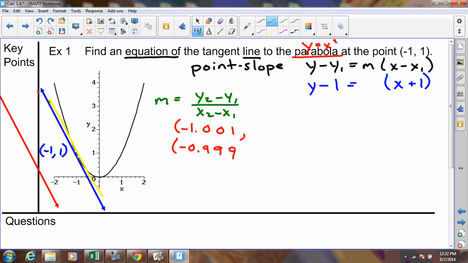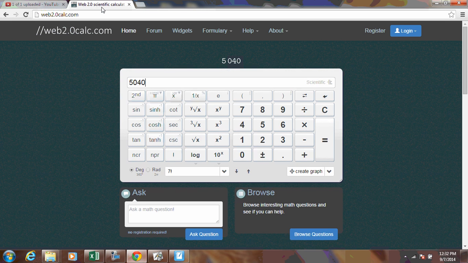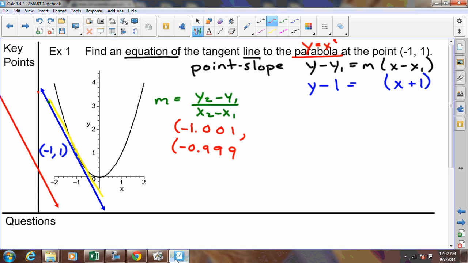So, putting them in to get our y values, I'm going to use this calculator. We'll take 1.001 squared, which equals 1.002001.